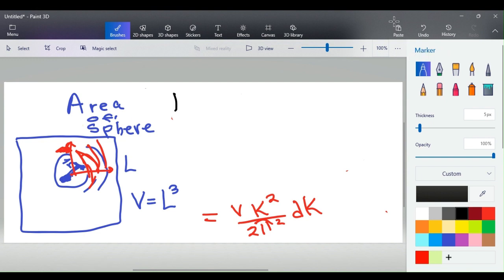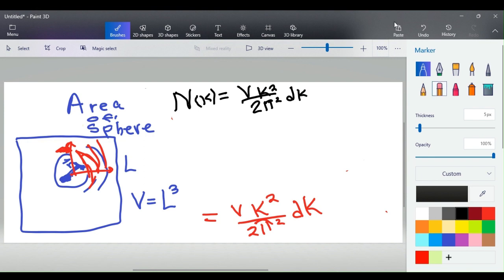I'm going to put the number of modes in terms of K, and I'm going to copy what's down there at the bottom, which is V for volume, K squared, over 2 pi squared, dk, and let's examine that.